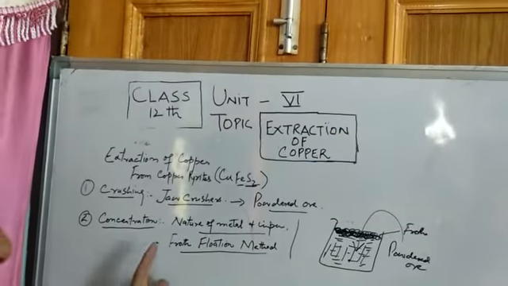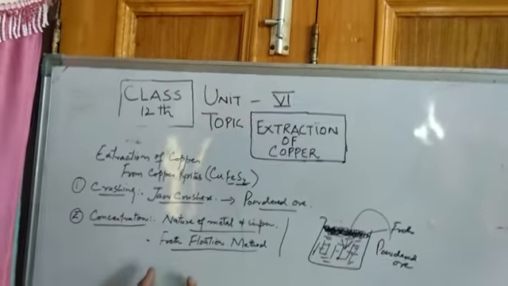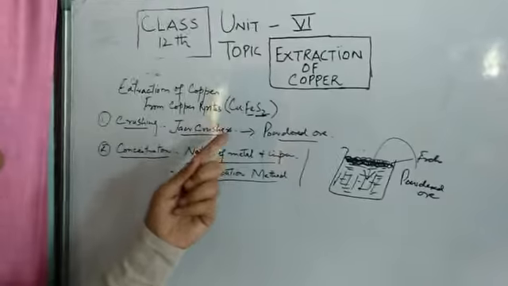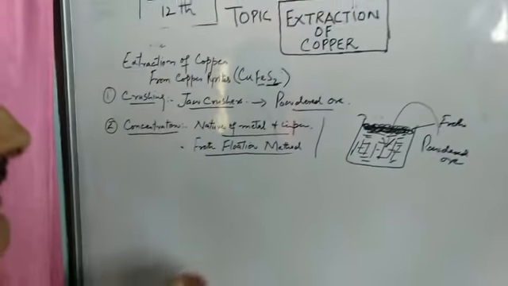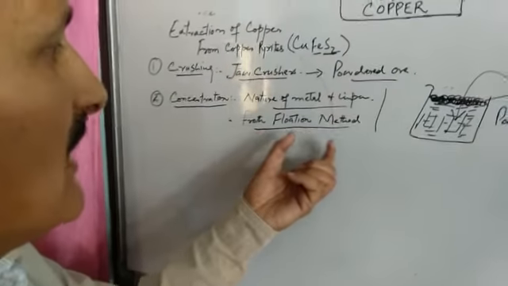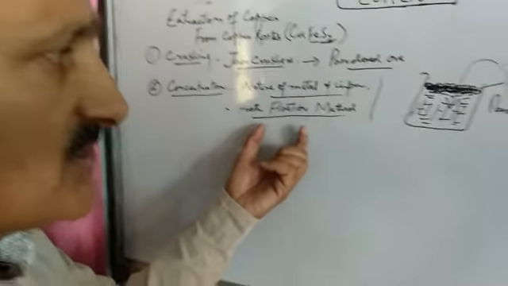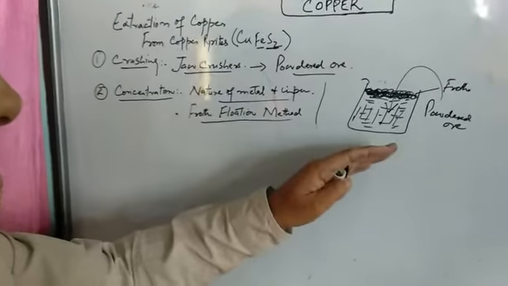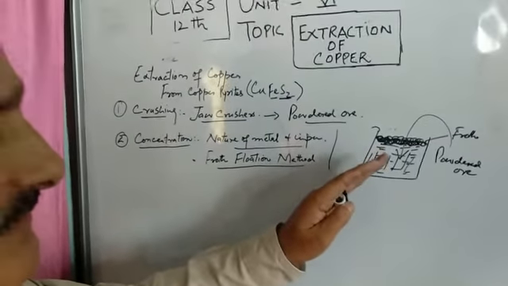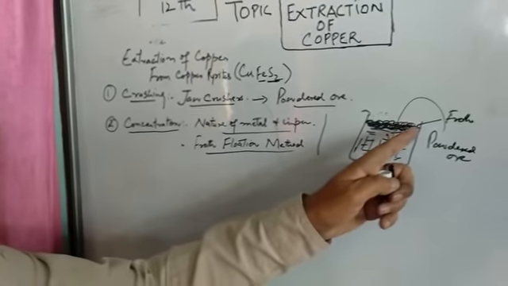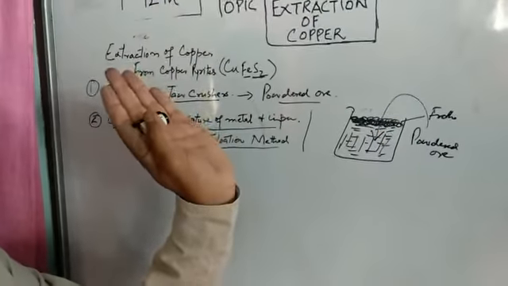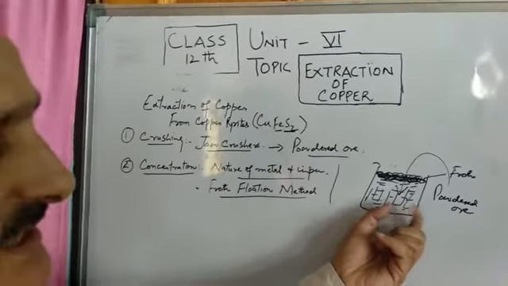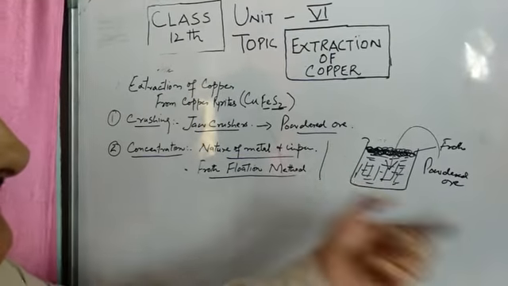Once again, as far as concentration of copper pyrites is concerned, it is done by the froth flotation method. In this method we dissolve the powdered ore in a suitable solvent where sulfur forms the froth, and the froth is removed, and as a result the rest of the material is taken for further steps.